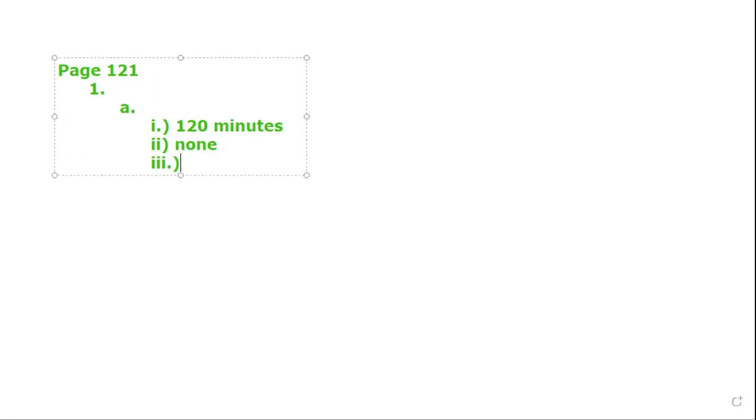Okay, the range of time in the middle 50% is quartile 3 minus quartile 1. So that is 75 minus 40, which equals 35. Okay. So that is 35.